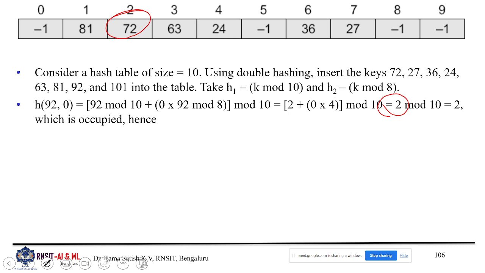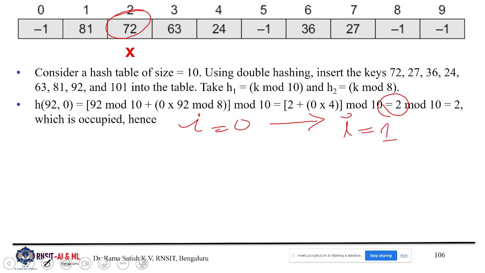So there is a collision, and obviously you cannot store the value 92 in the second position. So we have to apply the double hashing technique. Our probe value I, which was earlier 0, now increases to 1.